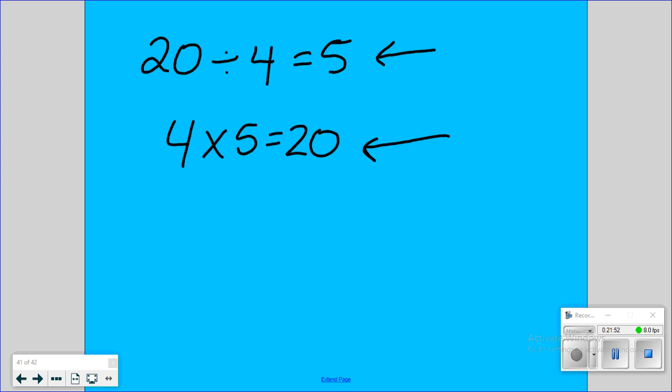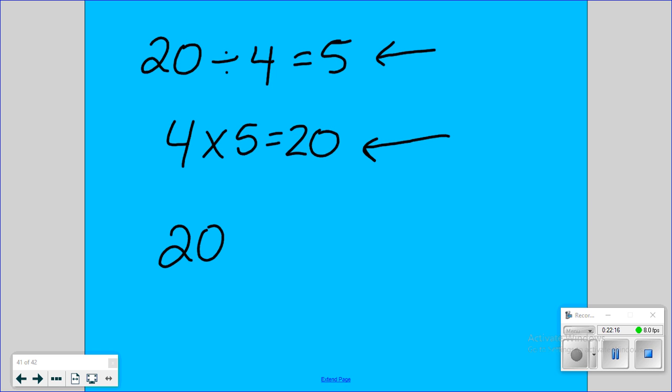Elena, go for it. 20 divided by... Nope, we're not going to use divided by. What are we doing? Put into... Split into groups.